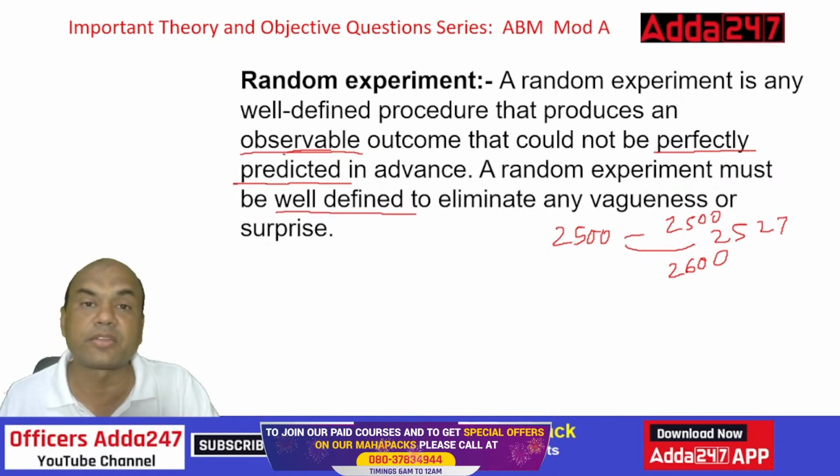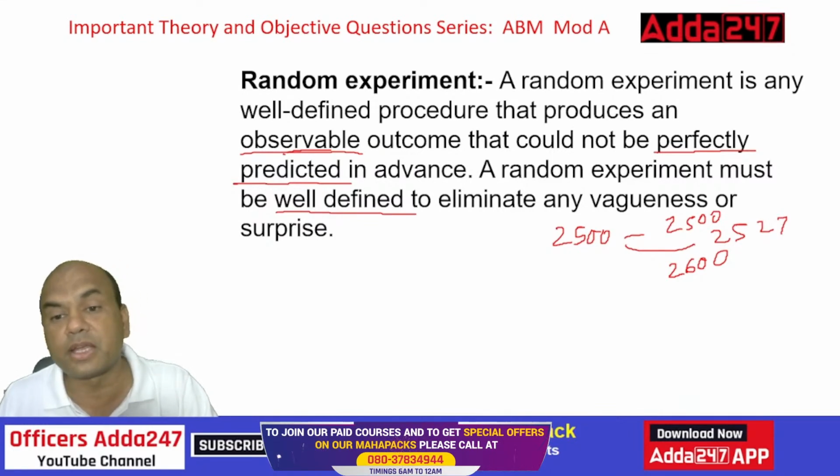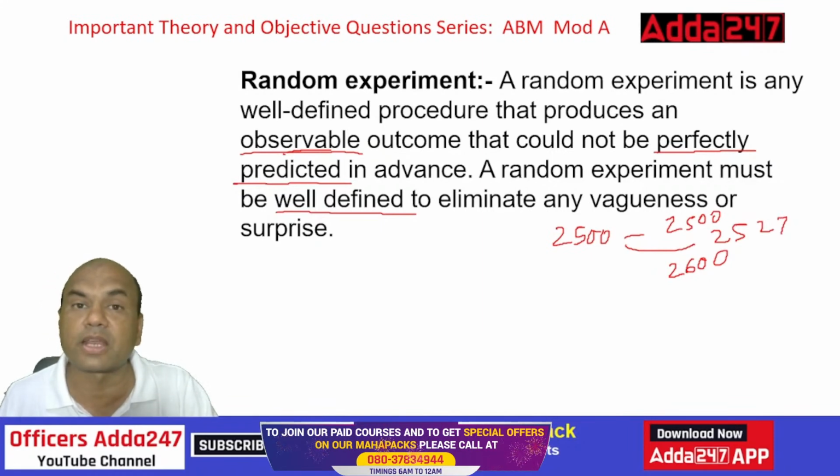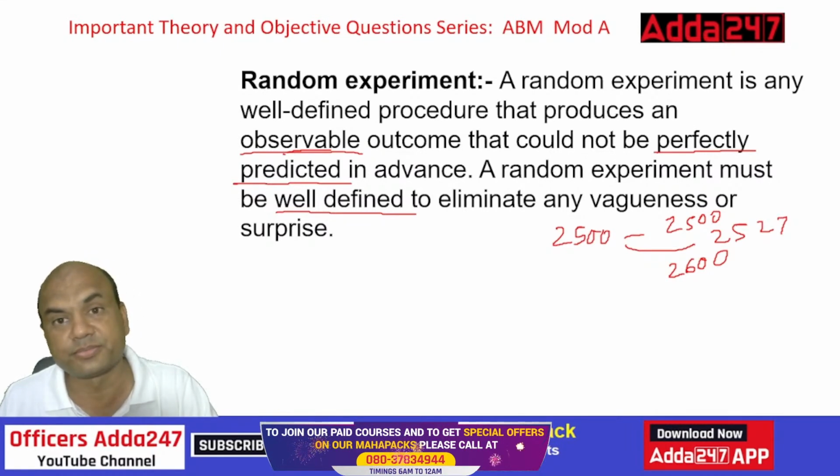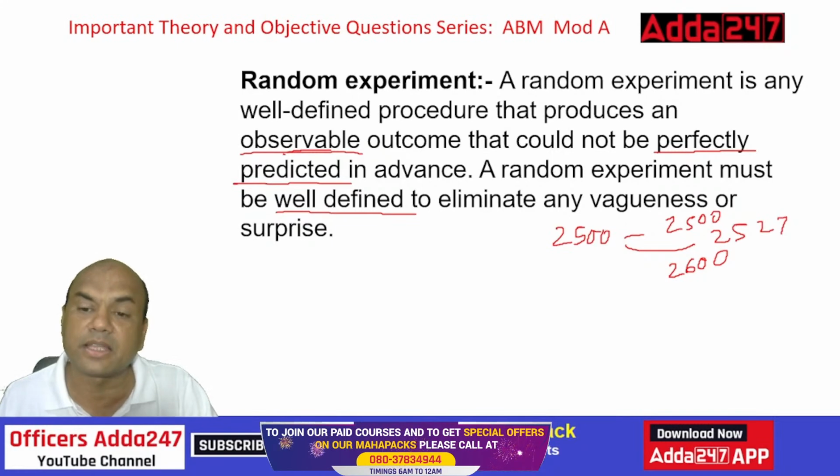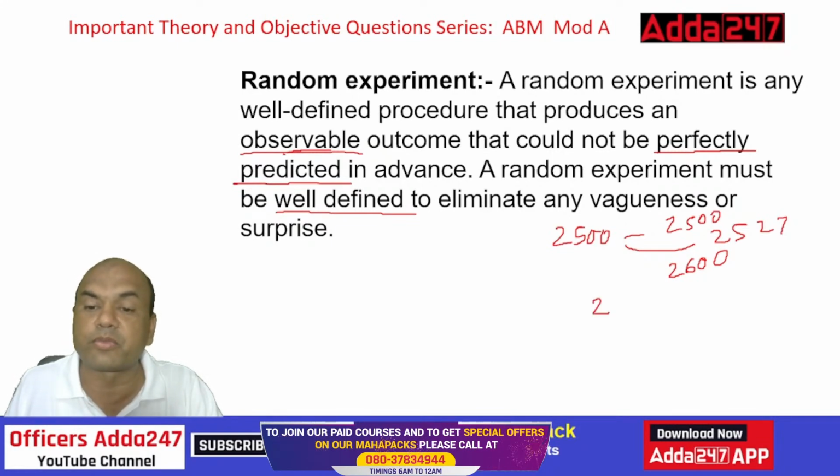So in that case, what can I tell you? 1% of this 2500 is what? 25 rupees. So I can definitely tell you that the stock will rise by around 25. So I can tell you the range is roughly 2525 to 2530.